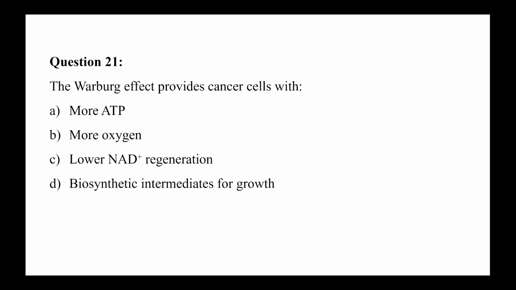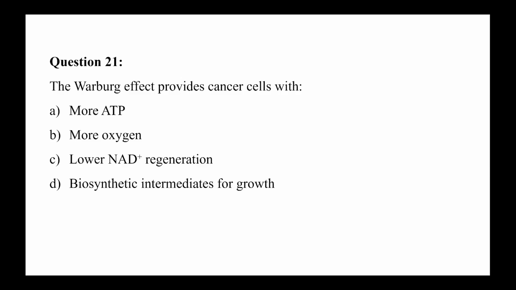So that's why instead of going through the conventional oxidative phosphorylation, they go through this Warburg effect, which is basically aerobic glycolysis, where pyruvate is forming lactate instead of acetyl coenzyme A and the TCA cycle.